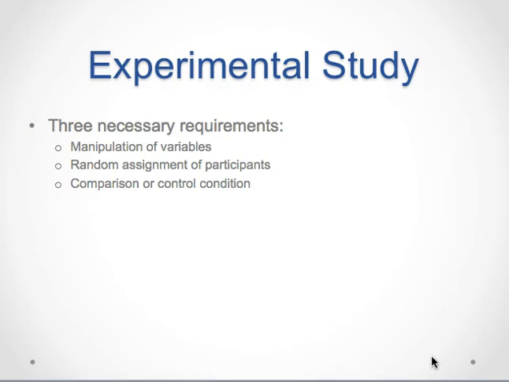The researcher manipulated or changed the levels of this variable. One group worked in a 70 degrees condition, and the other group worked in a 90 degrees condition. The researcher created those conditions. They then assigned each student at random to experience one of those conditions, one of the levels of room temperature.